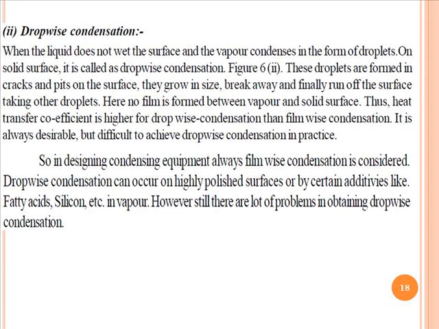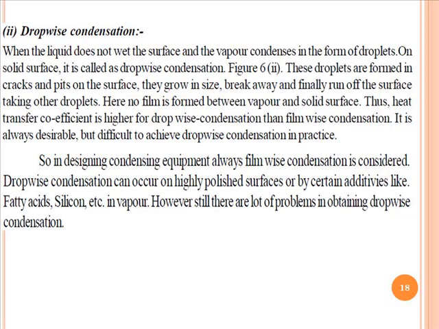Drop-wise condensation can occur only, this is very important, on a highly polished surface or by certain additives like fatty acid or silicone in the vapor, or when we apply butter, or when a silver surface is available.